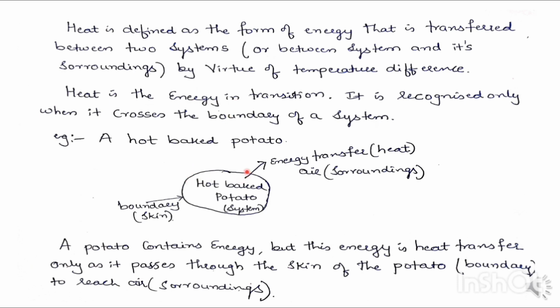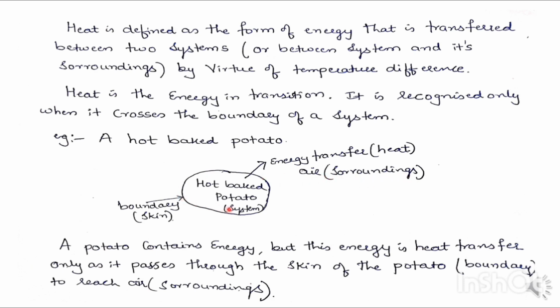I can give you another example. This is a hot baked potato. Let me consider this potato is our system, and the skin of the potato is the boundary of this system, and the air which is external to the system is nothing but our surroundings.